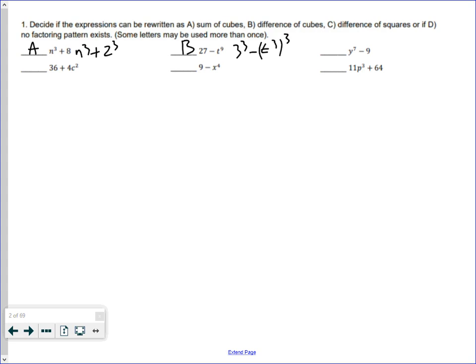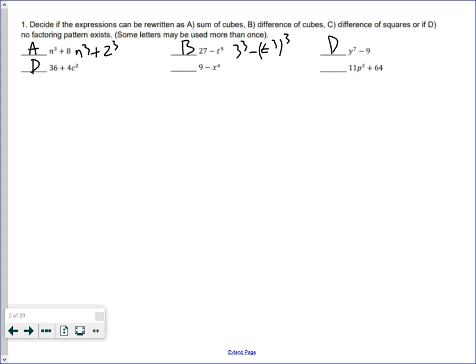y to the 7 minus 9. There's no factoring pattern that exists there. 36 plus 4c squared. Same thing. No factoring pattern exists, because there's not a sum of squares, it's only a difference of squares.